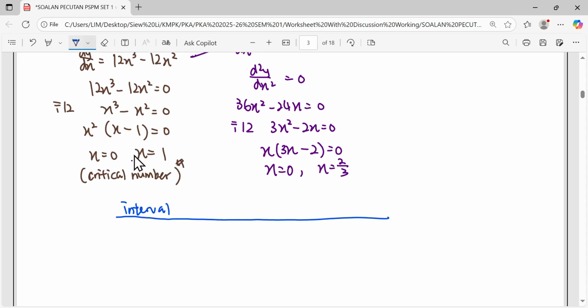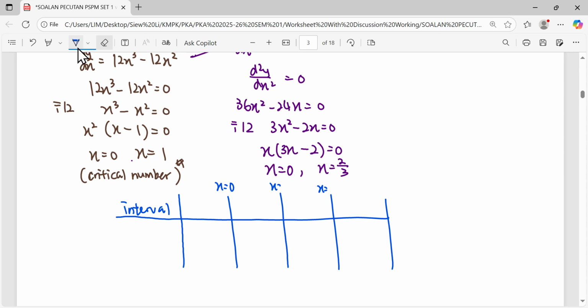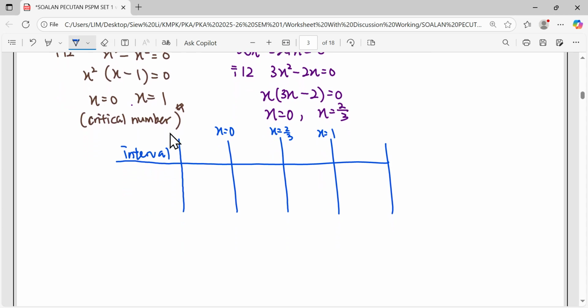When we have three values, we will have four intervals. Arranging the three values of x from smallest to biggest: x equals 0 first, then x equals 2/3 in the middle, and x equals 1 lastly. Therefore, our intervals will be x less than 0, x between 0 and 2/3, x between 2/3 and 1, and x more than 1.